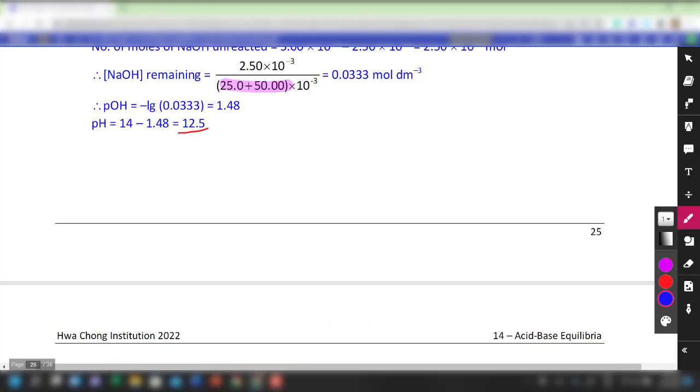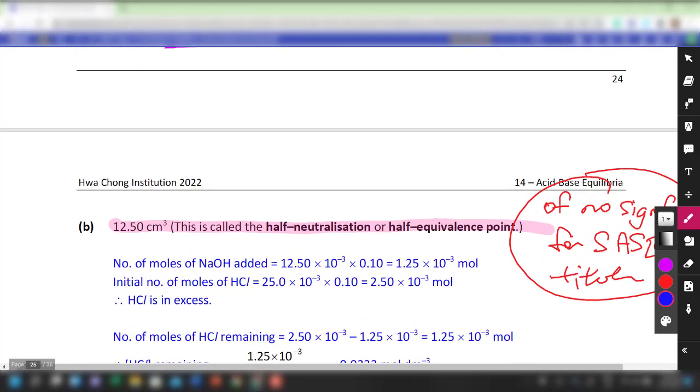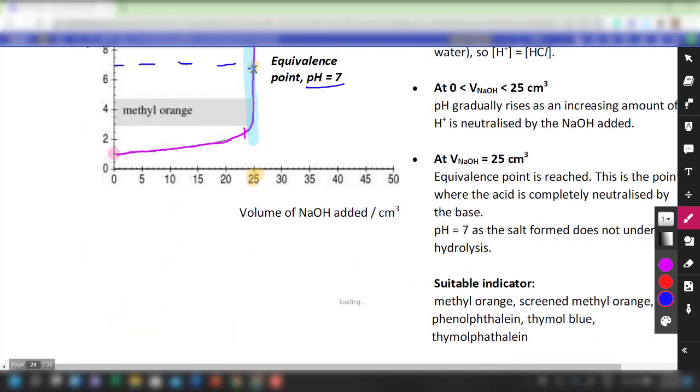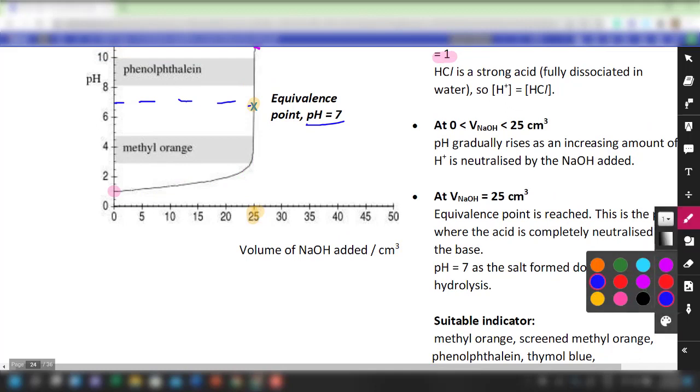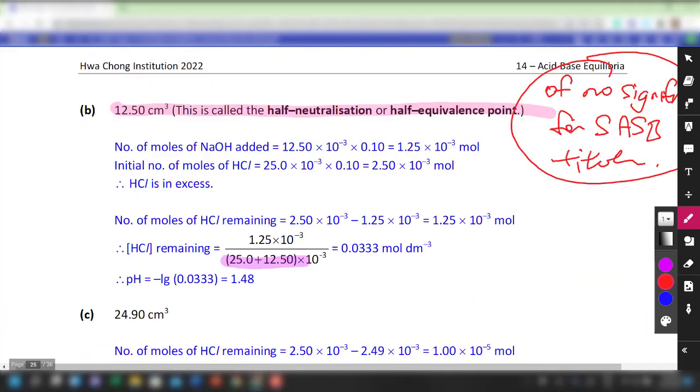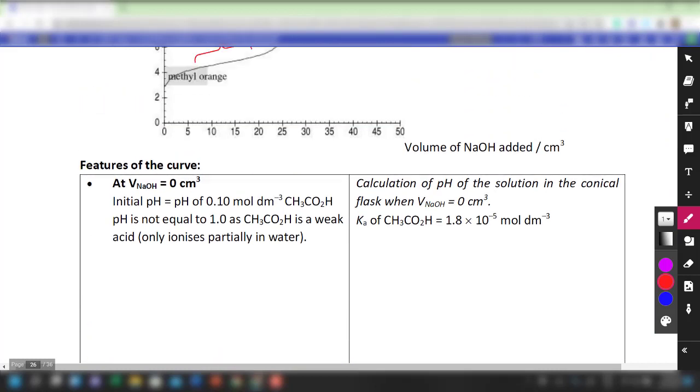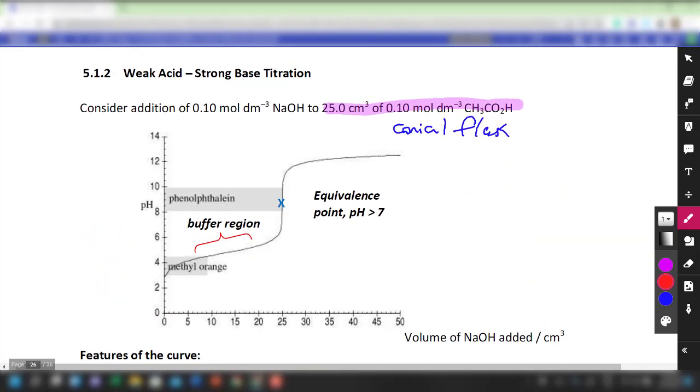The difference is that for a strong acid, strong base titration, this portion is relatively flat. So if I just erase this, you should be able to tell. Yeah, this portion, the gradient is quite similar to the start. Yeah, but for weak acid, strong base titration, the increase is sharper at the beginning.